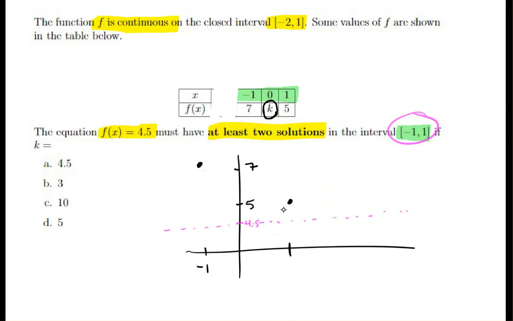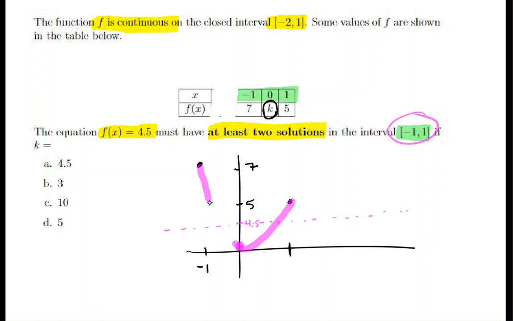Now, the way we can know this is, since our function's continuous, by the intermediate value theorem, it couldn't come to 4.5, jump over, and then jump again. If the function's continuous and it has some point down here, then since it's a continuous function, it must go all the way through all values, so it hits 4.5 once there, and it would hit 4.5 once again.